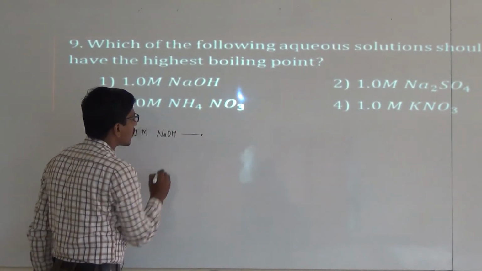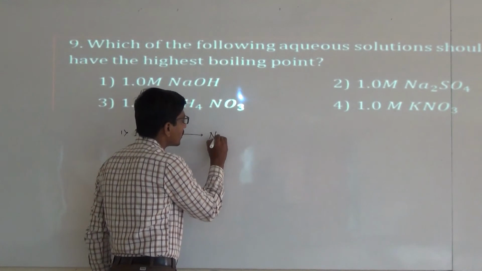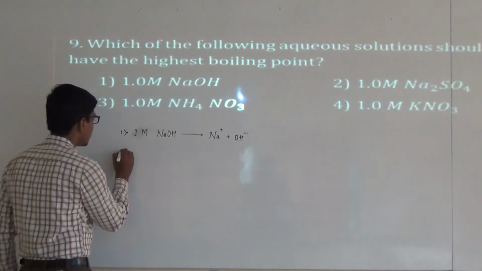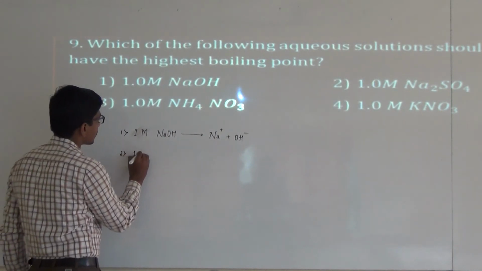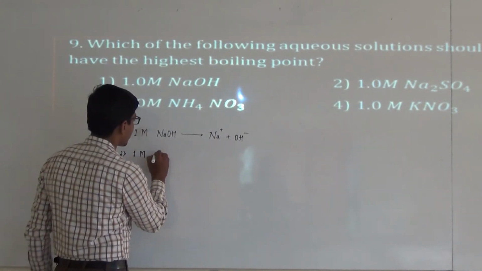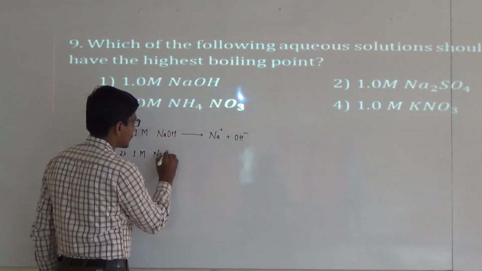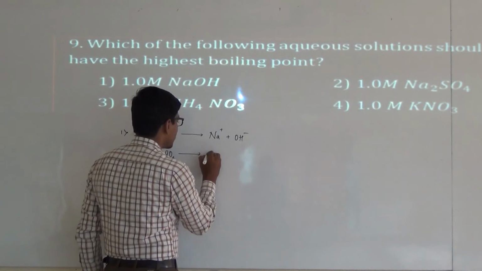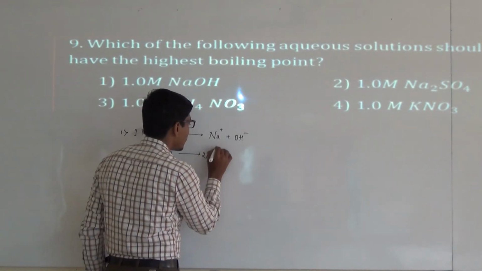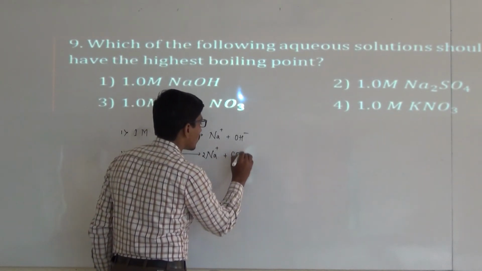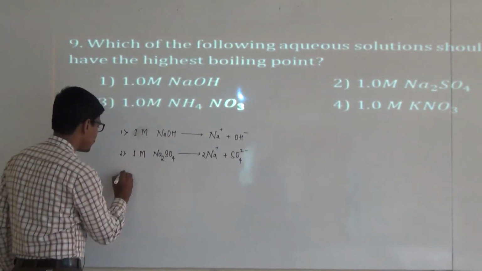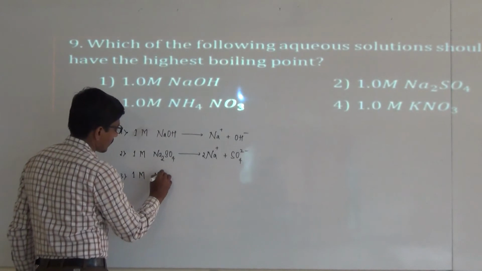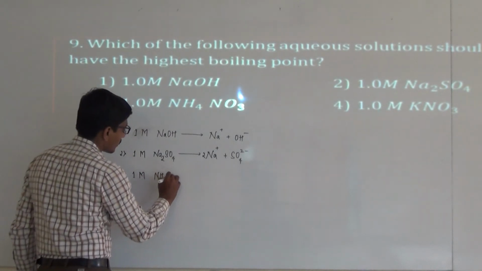Sodium hydroxide is a strong base, and in aqueous solution it dissociates into Na+ and OH-. The second one is 1 m sodium sulfate. This is also a strong electrolyte, dissociating into 2 Na+ and SO4 2-. The third one is 1 m NH4NO3.